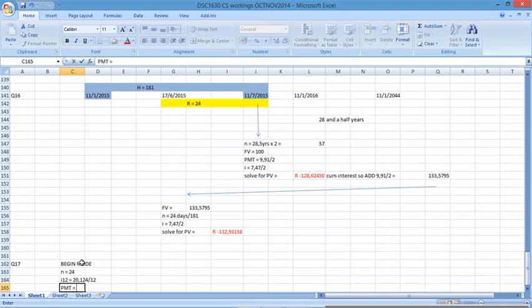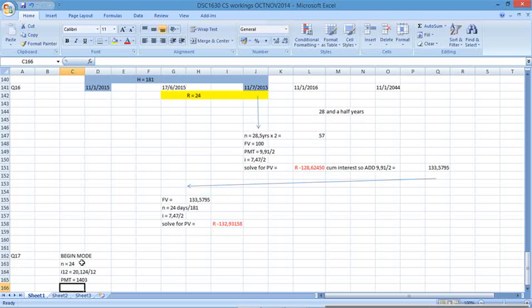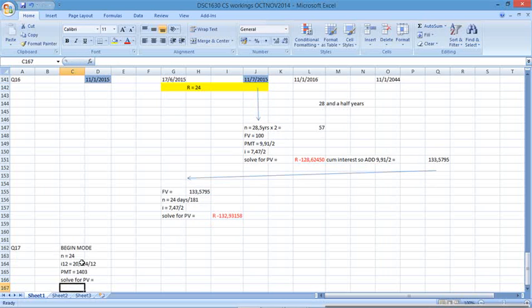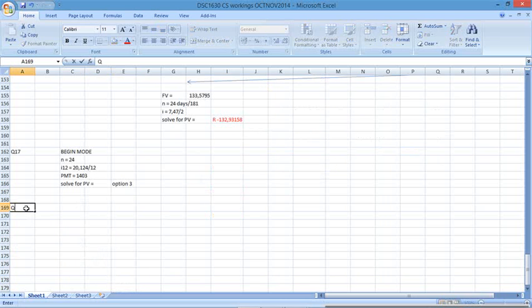The payment is 1403. Solve for present value. The present value comes out as option 3. And that's question 17.